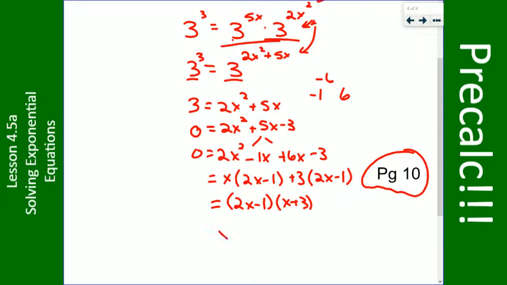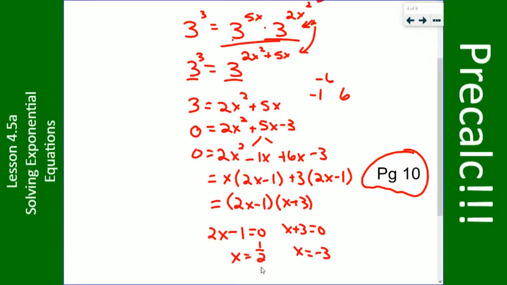And then we get that 2x minus 1 equals 0 and x plus 3 equals 0, so x equals 1/2 and x equals -3. If we plug either 1/2 or -3 into our original equation, we'll find that both of those solutions do indeed work.